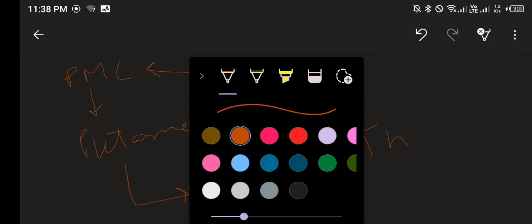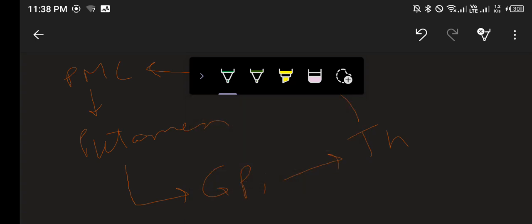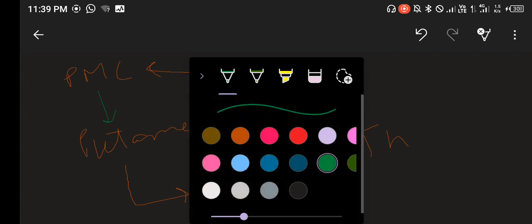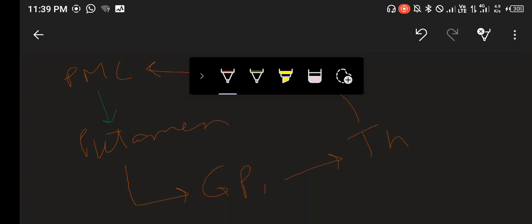So the premotor cortex is going to stimulate the putamen. So the premotor cortex sends excitatory signals to the putamen. The putamen will send inhibitory signals, which are drawn in red. So the putamen will send inhibitory signals to the globus pallidus interna.